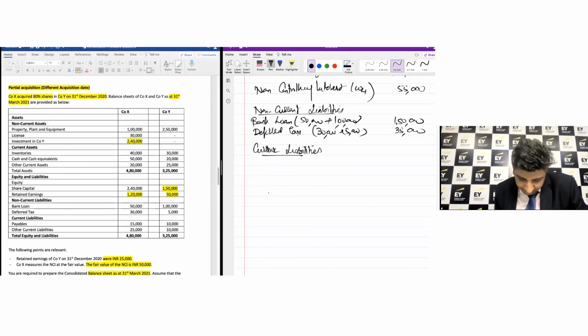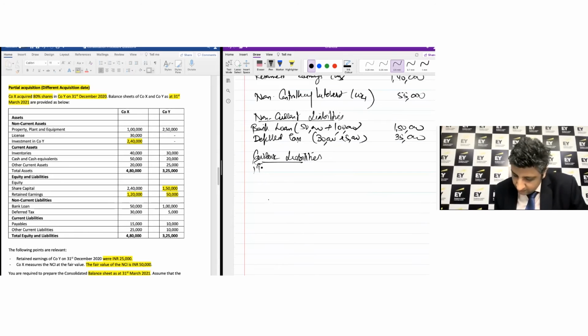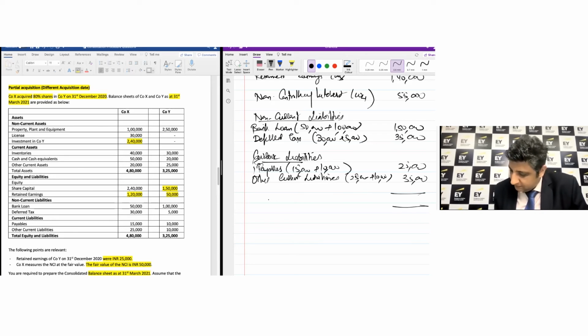This would be payables of 15 plus 10, and then we have other current liabilities of 25 plus 10. That makes it 35,000.